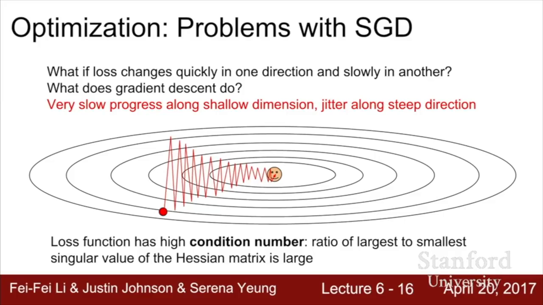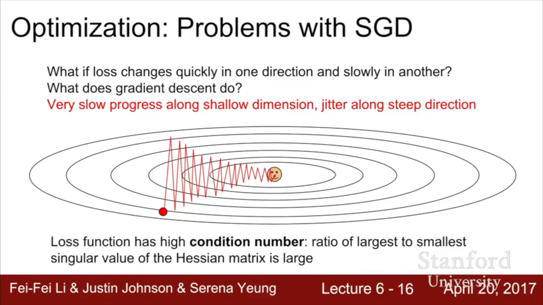So when you compute the gradient and take a step, you might step over this line and zigzag back and forth. So in effect, you get very slow progress along the horizontal dimension, which is the less sensitive dimension, and you get this nasty zigzagging behavior across the fast-changing dimension. And this is undesirable behavior.